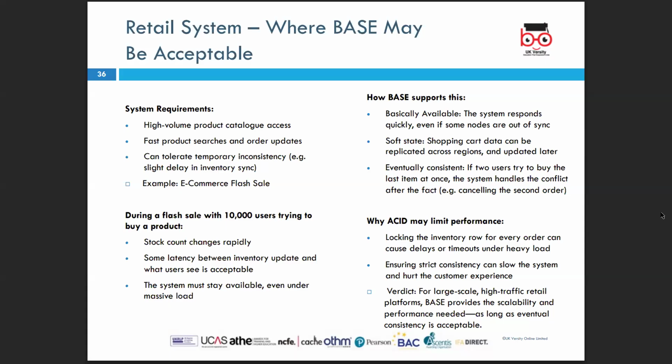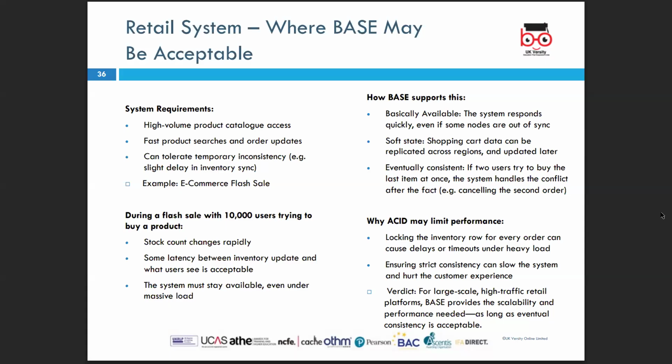During a flash sale with 1,000 users trying to buy a product, stock count changes rapidly, some latency between inventory updates and what users see is acceptable, and the system must stay available even under massive load.